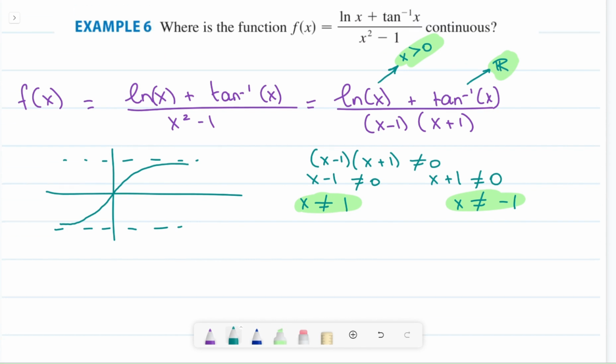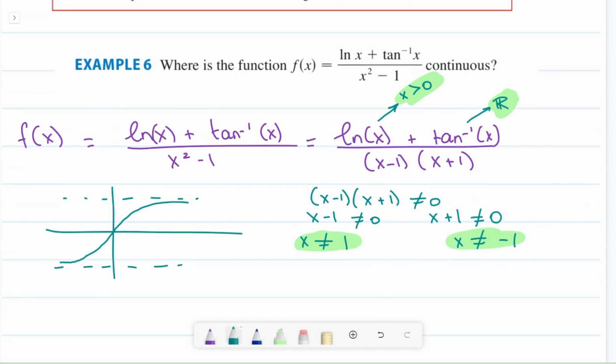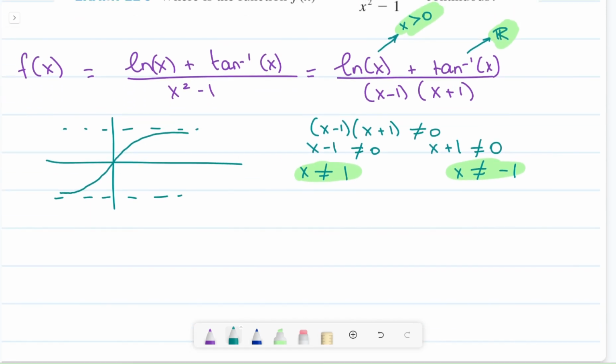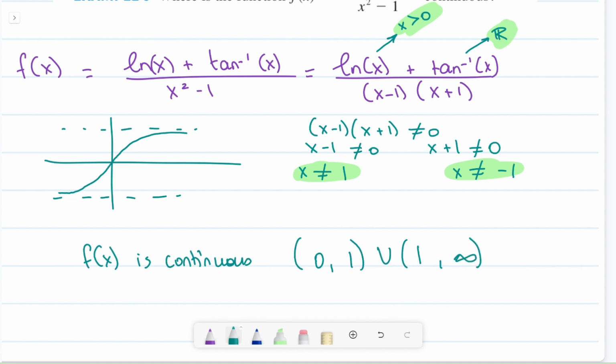Their intersection is where the function f of x is continuous. So this will give us that the function f of x is continuous on 0 till 1, because x is greater than 0, but x also cannot be 1, union 1 till infinity.